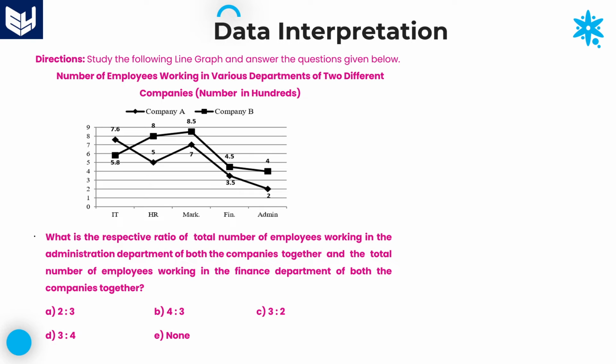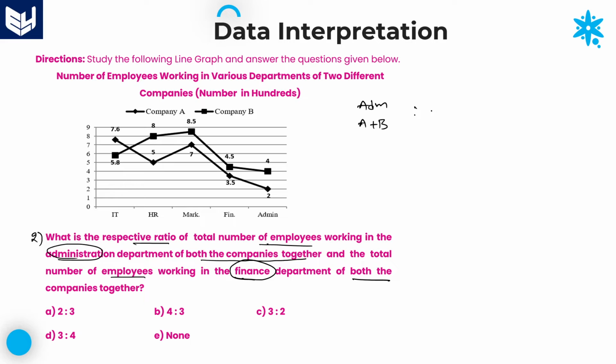Let us look at the second question. Here the second question is, what is the respective ratio? Here we need to calculate the ratio of the total number of employees working in the administration department of both the companies together, company A and company B together, and the total number of employees working in the finance department of both the companies together.